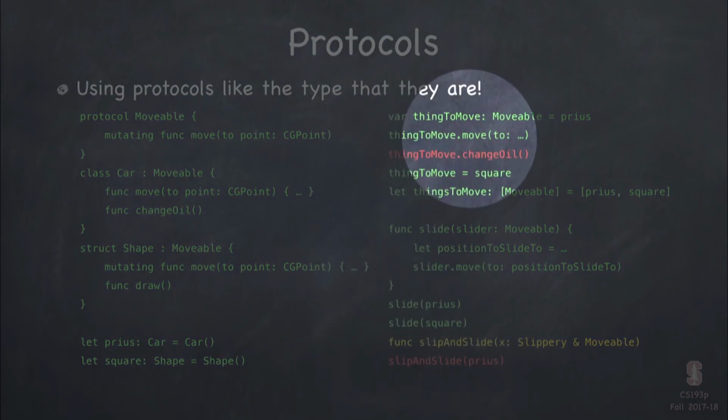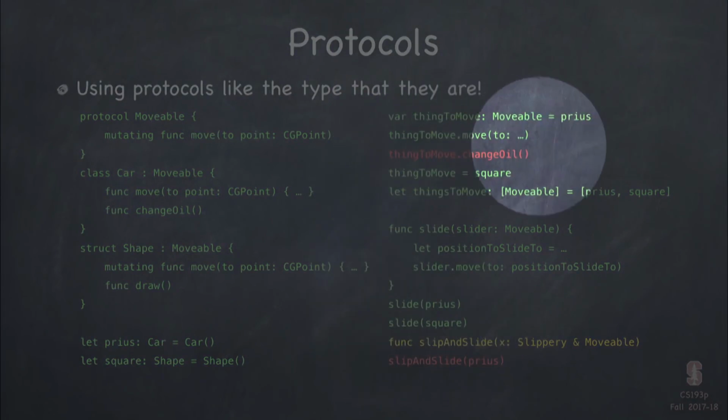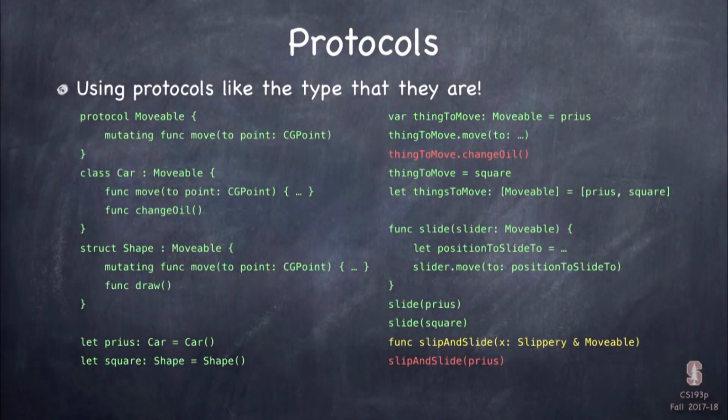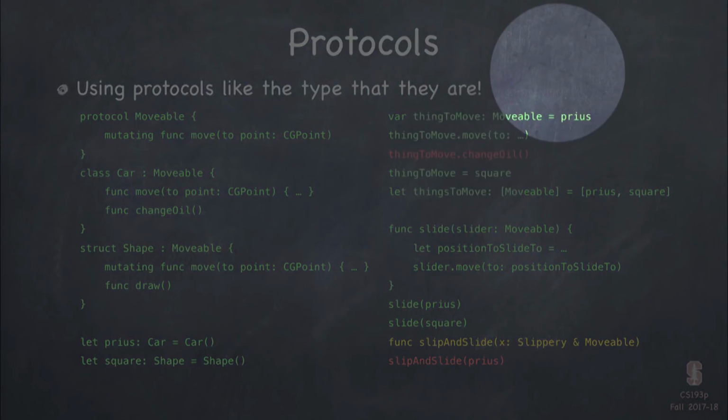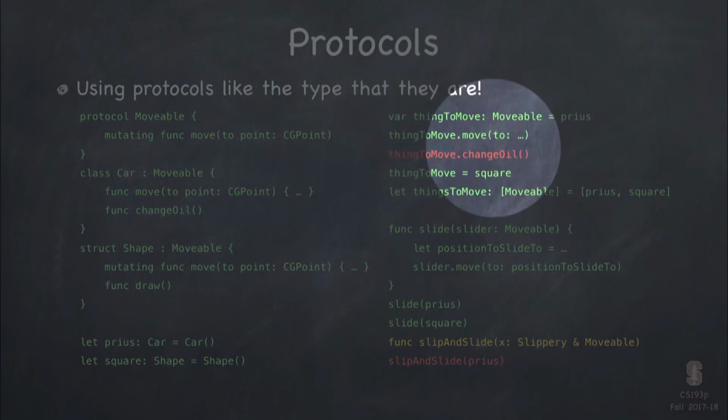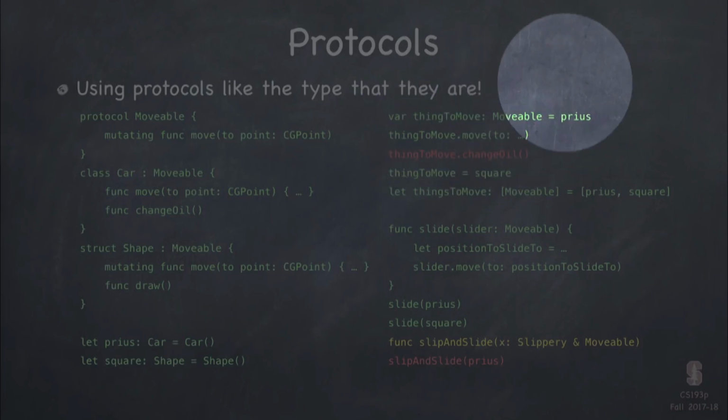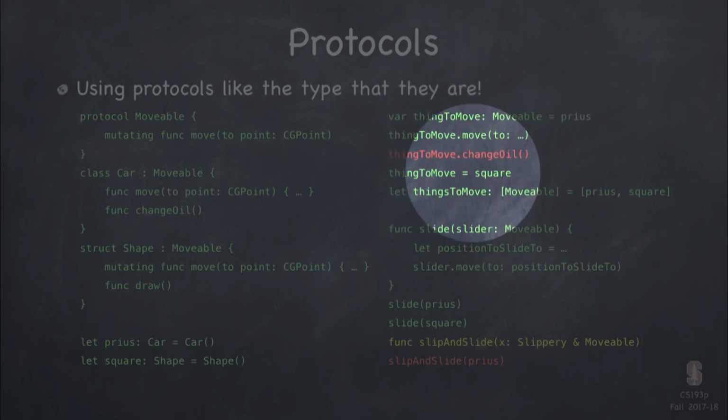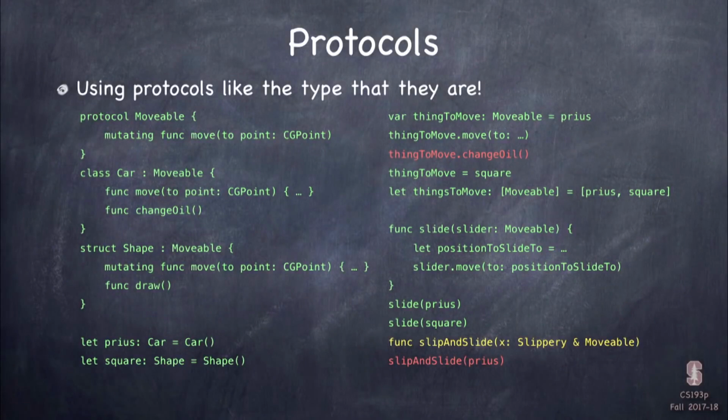So when you call a method on thingToMove, which one does it do? On both? Okay, so he's saying, look, I set thingToMove to be a Prius. Then I call moveTo. Which one did it do? Obviously the Prius. Then I set thingToMove to be square. Now if I called moveTo, it would use the square's one. So it's whatever the last thing it was set to, that's what it's going to use.